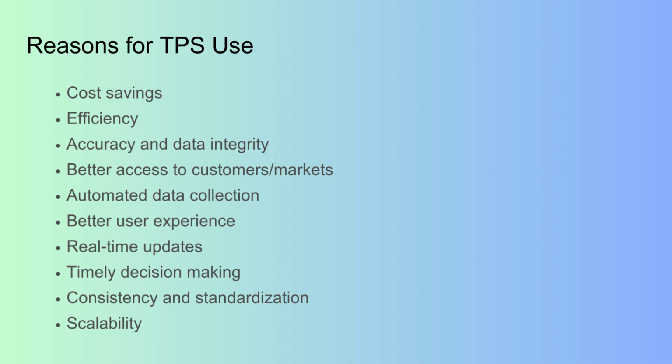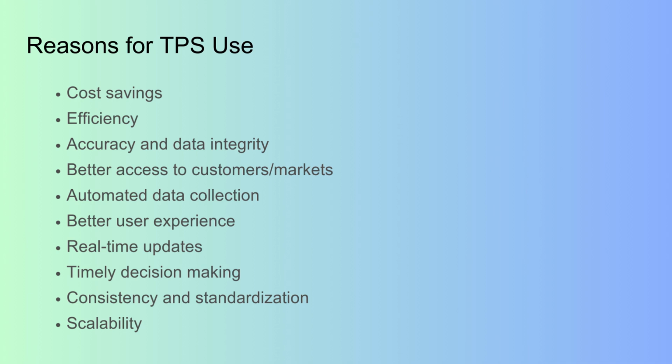And then we have timely decision making as another reason. TPS provide managers with timely access to transactional data for decision making. Real-time data helps in making informed and effective decisions quickly as well. The next reason is consistency and standardization.